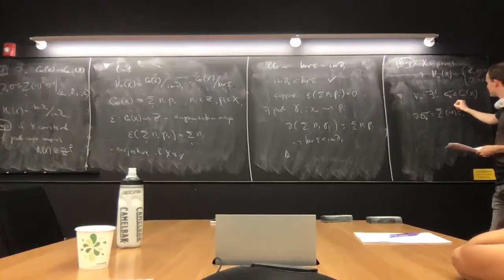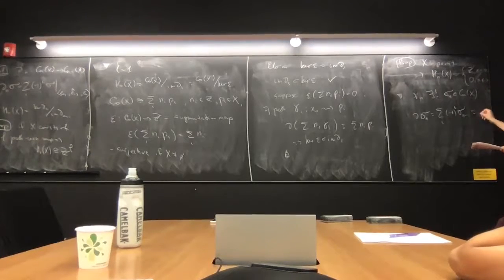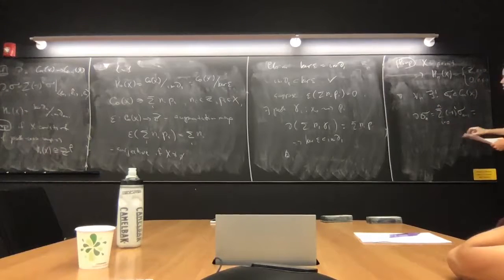So the value of the sum depends only on whether i is odd or even. And this goes from 0 to n, so there are n plus 1 terms, and therefore it's 0 for odd n and sigma n minus 1 for even n.